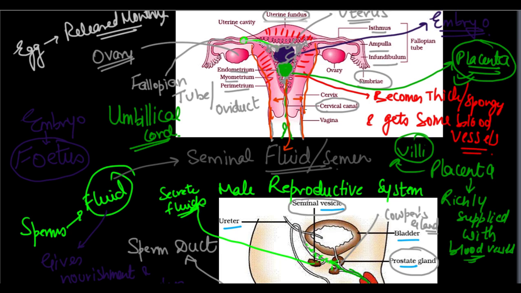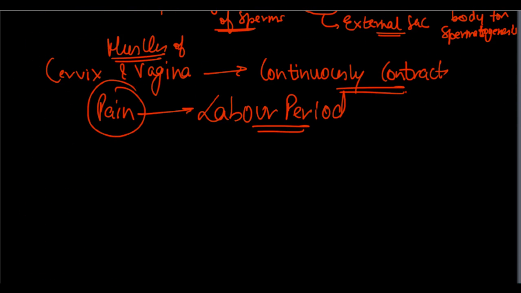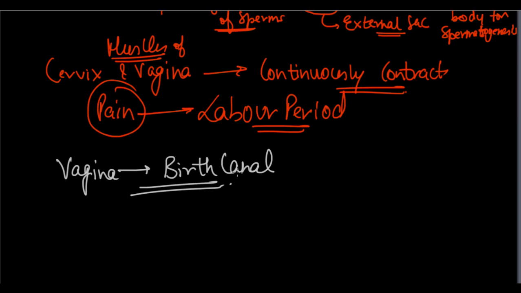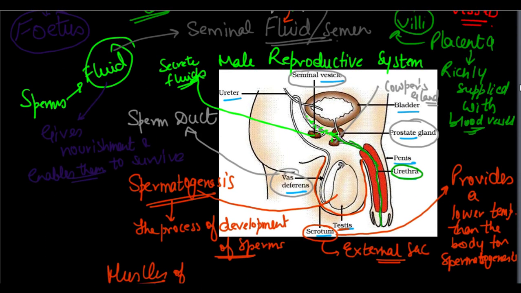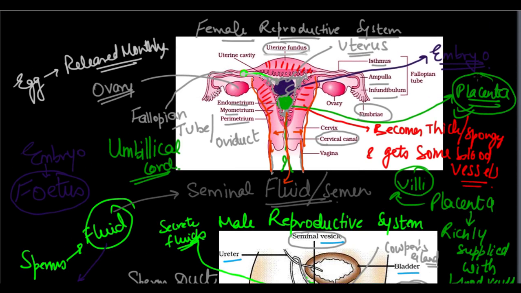Since the baby is taken out through the vagina for birth, the vagina is also referred to as the birth canal. So that is how a baby is born, and finally the reproduction process is over. This is how reproduction takes place in human beings.